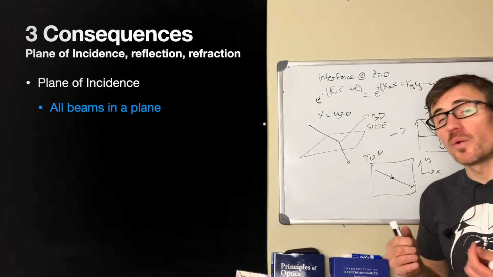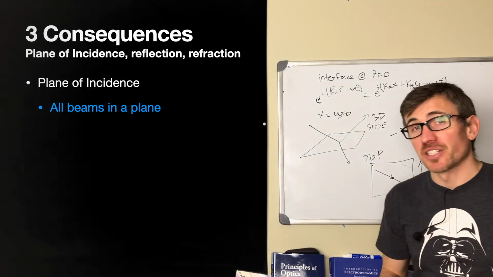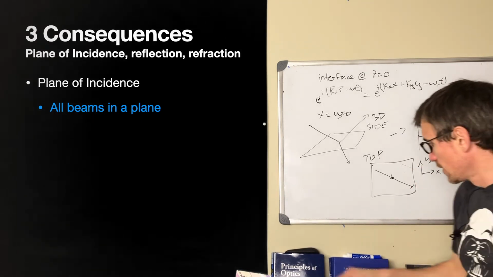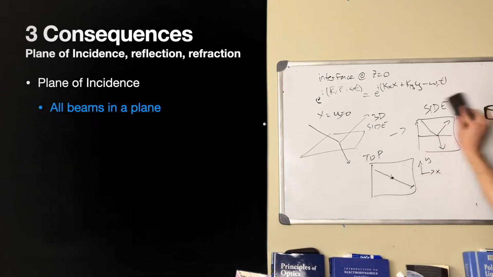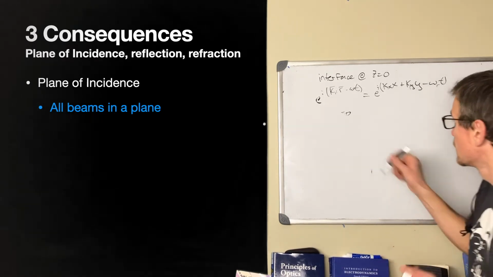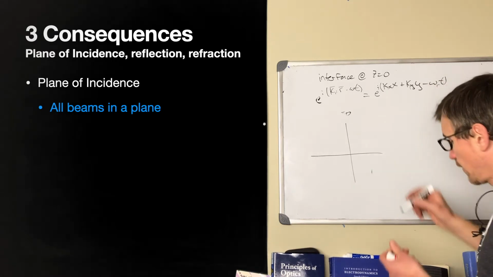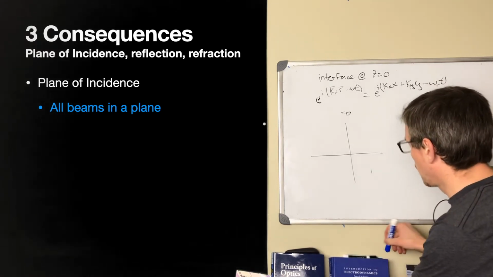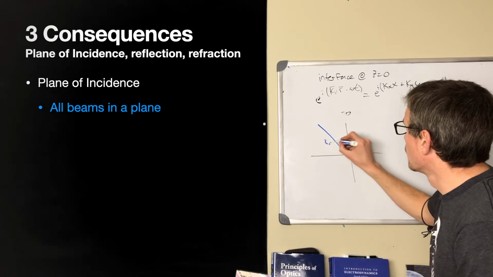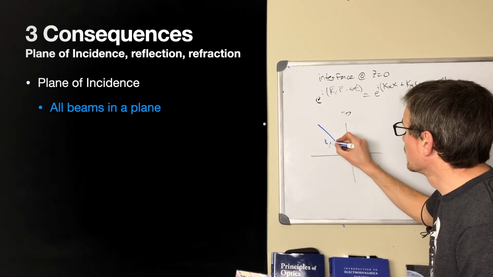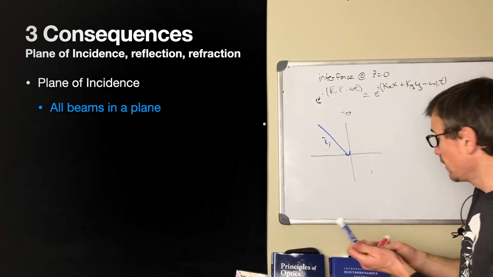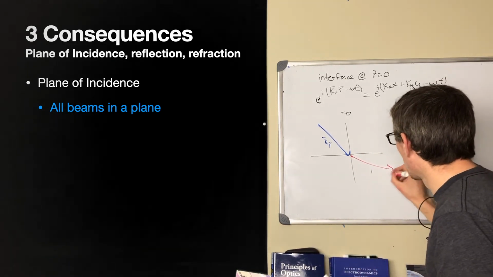So remember, we don't know anything about the z direction just yet. But we do have this side view picture. Okay, so let's tidy this up a bit. Let's look at this side view picture again and see what else we can glean from it. So we have our interface. We're going to have a k incident, and a k transmitted, which is at some other angle.